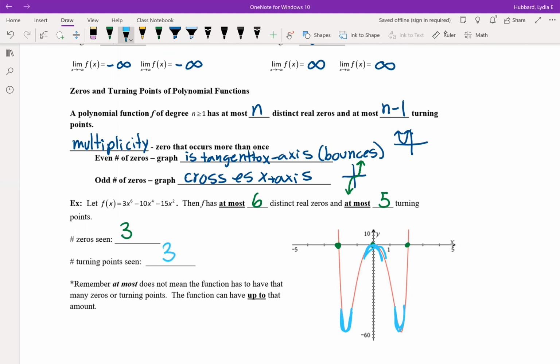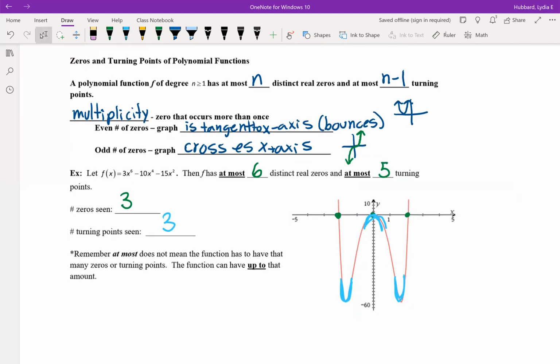So this again could have at most 6 distinct real zeros. It only has 3, or at most 5 turning points. It only has 3. So remember that at most does not mean the function has to have that many zeros or turning points. The function can have up to that amount. And that can change due to imaginary zeros and multiplicities, things like that.